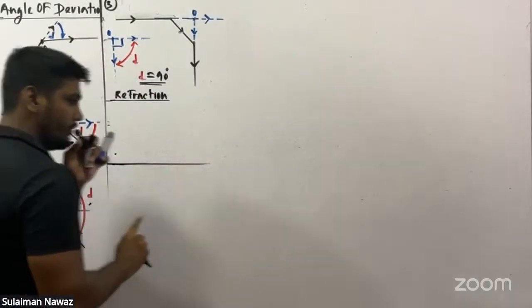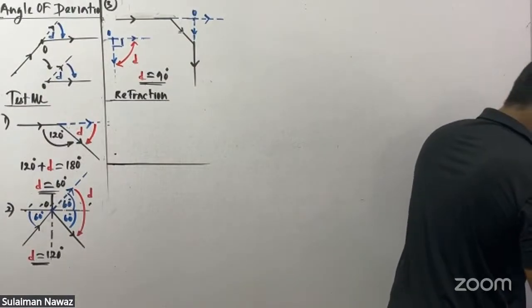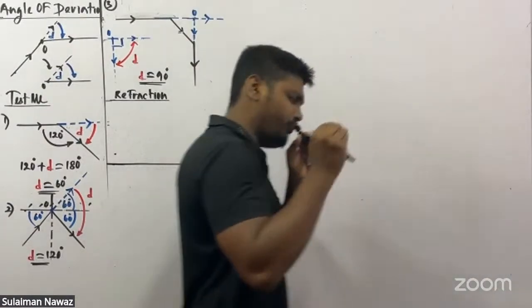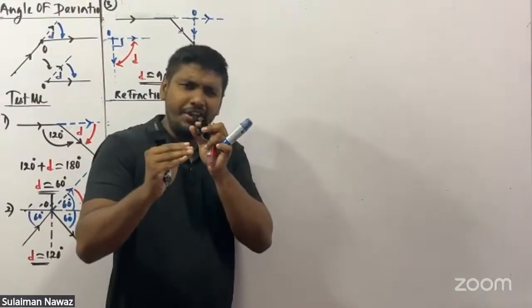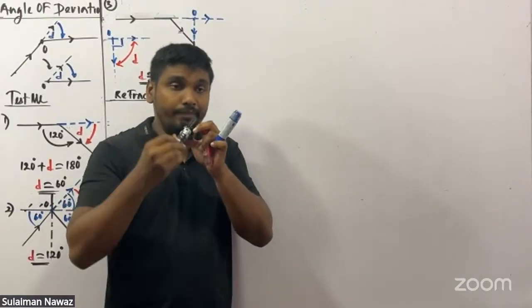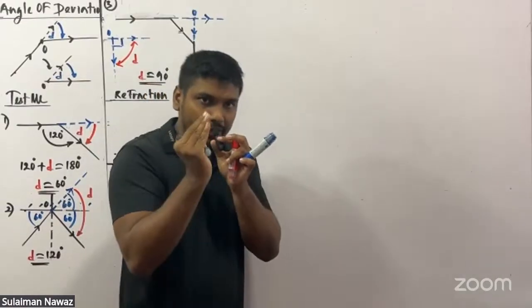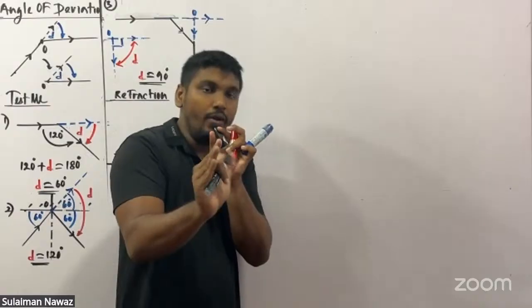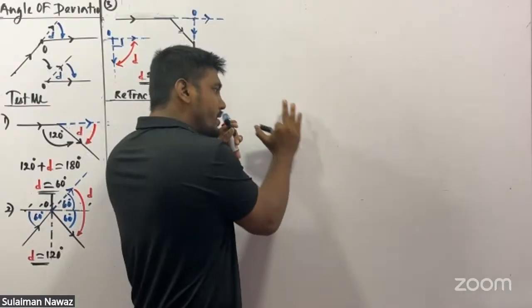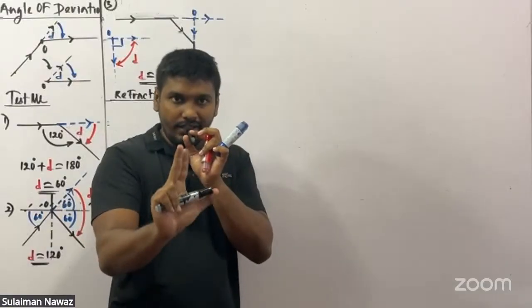Just put some chats. Even if your doubt is a very stupid doubt, it is completely all right. You can openly tell me because I'm your teacher, and think that you are in an individual, one-to-one session. Whatever doubts you have, ask me. If you have a small doubt, ask me, and then definitely I will explain it in the class.